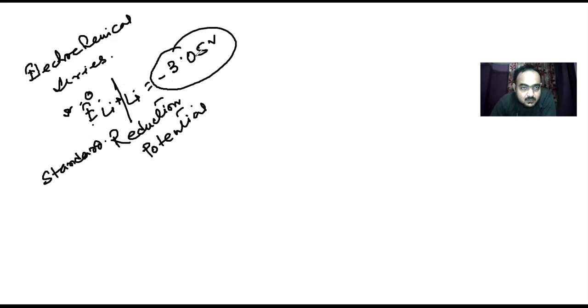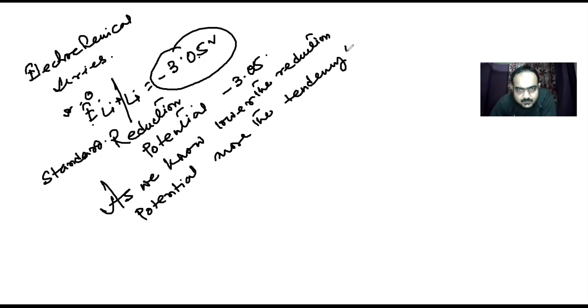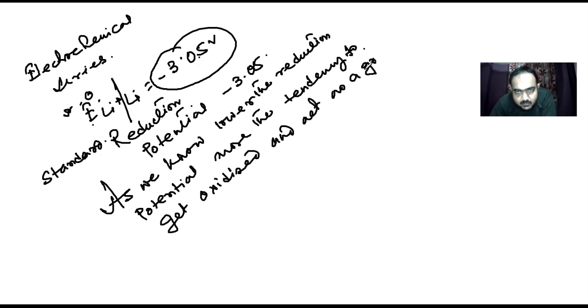That will be this one. So the reduction potential is minus 3.05. As we know, the lower the reduction potential, the more the tendency to get oxidized and act as a good reducing agent.